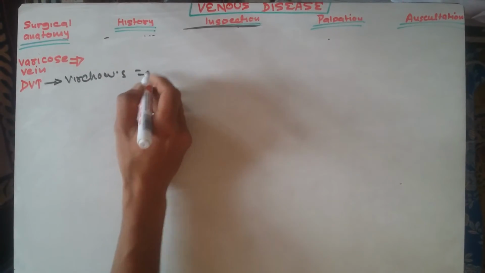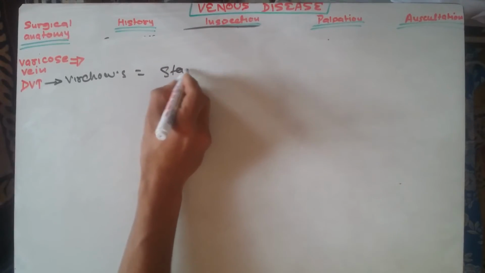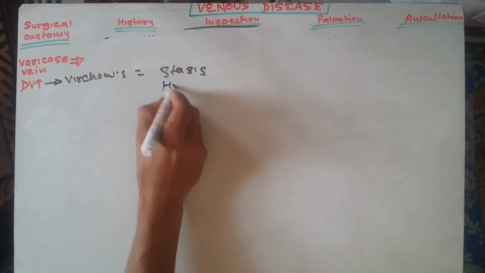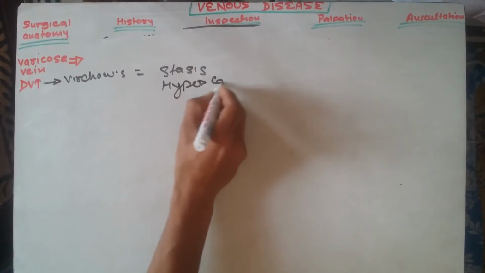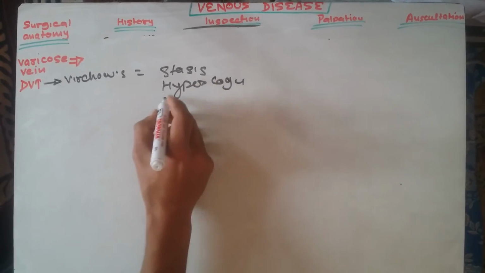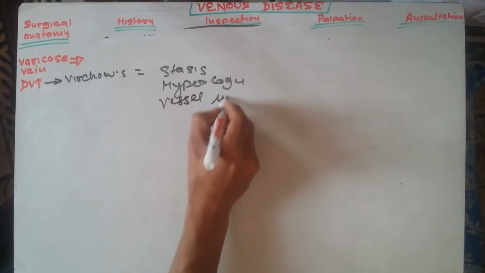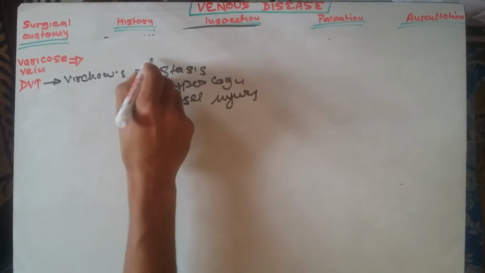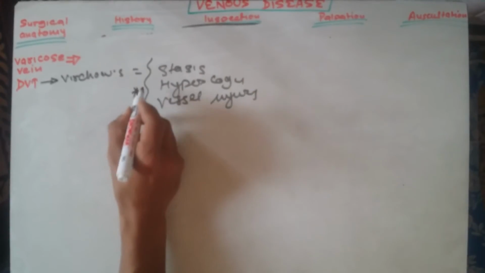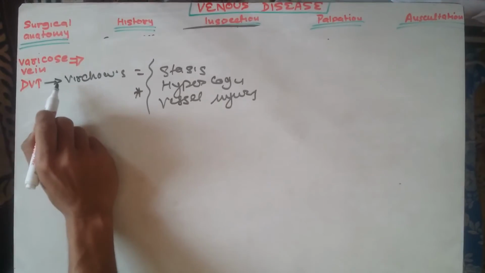It includes stasis of the blood, hypercoagulability, and injury to the vessel. So if any of these occur, then it will cause DVT.